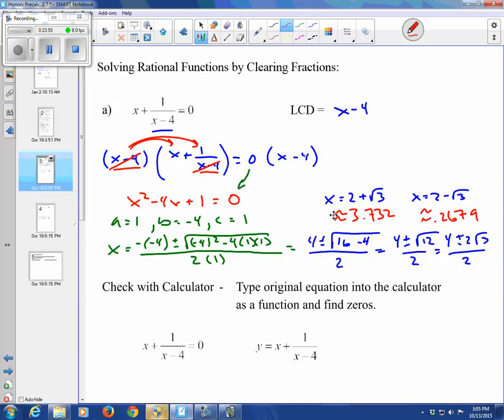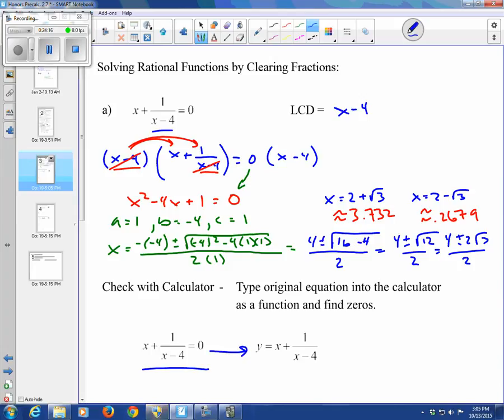Now, plugging these back into the original equation to see if they give us solutions is a messy process. So one thing we can also do to check to see if our solutions are both valid is to change our equation into a function, right?